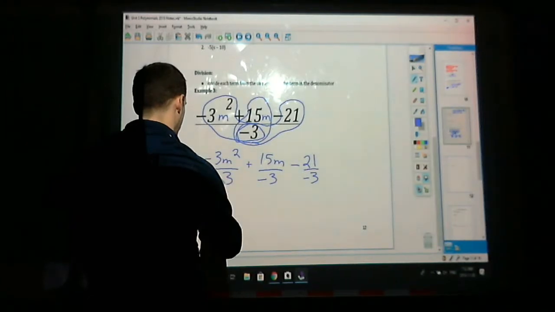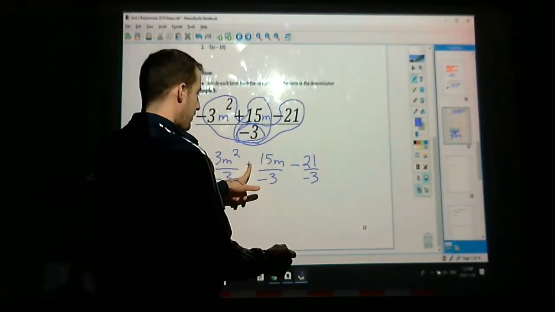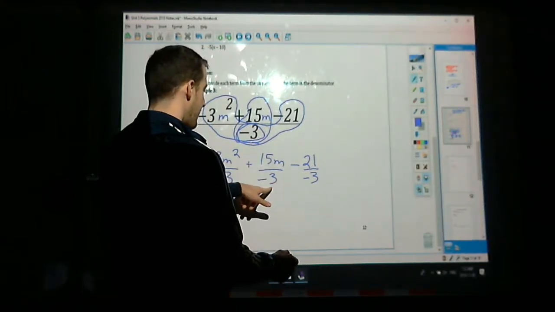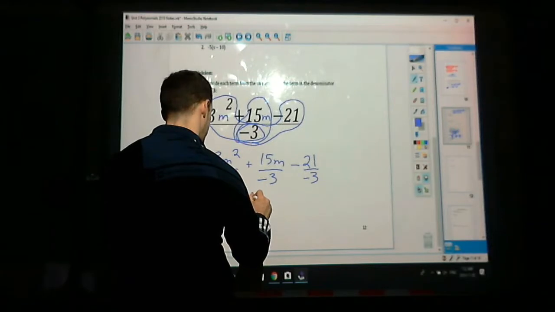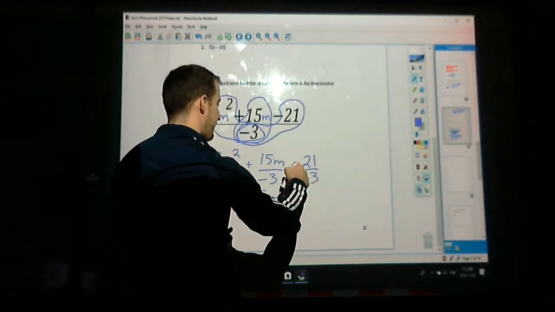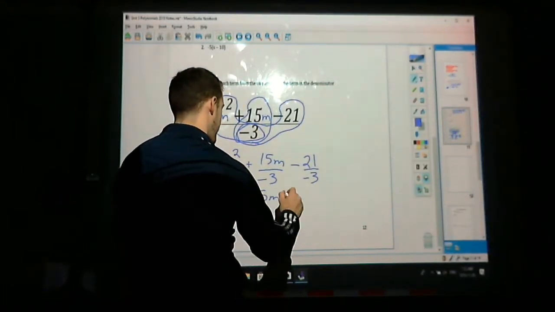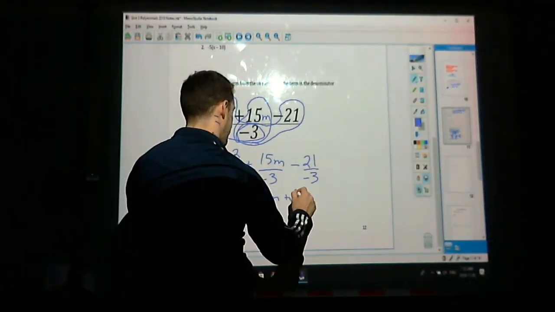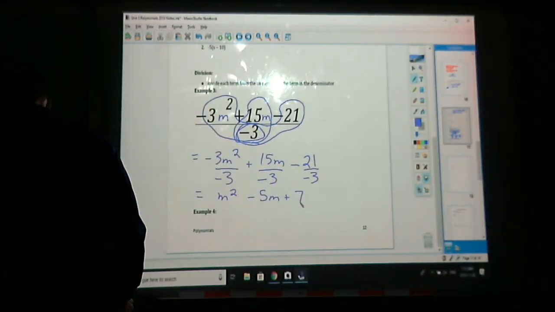So here we end up with m squared. 15 divided by negative 3 is negative 5, and the m just carries over. And over here the negatives cancel out, and 21 divided by 3 is going to be 7. That's essentially how we solve these problems, one step at a time.